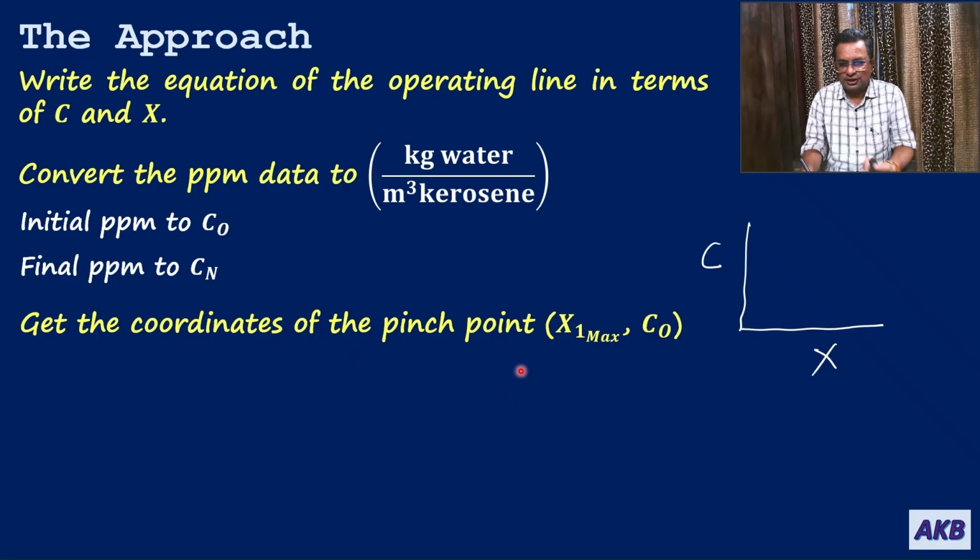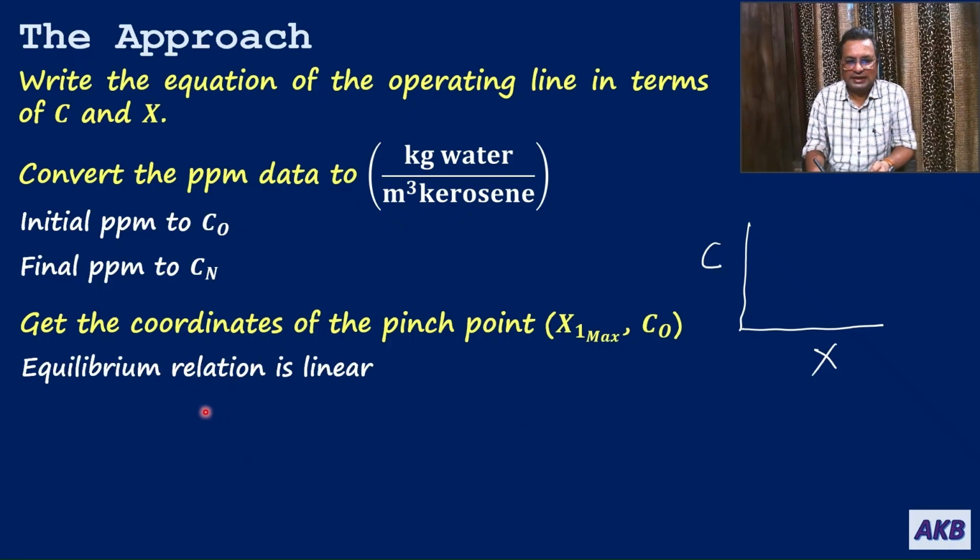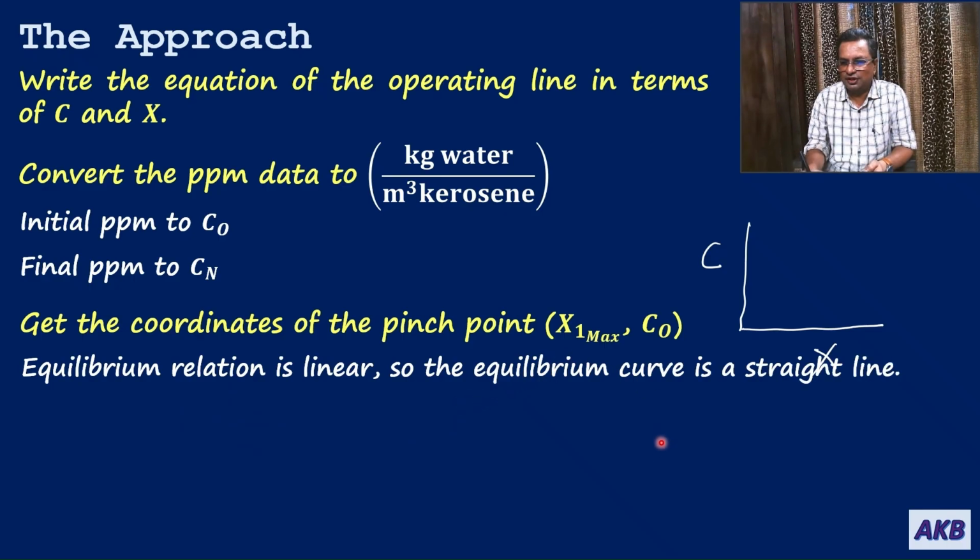Again, what is the pinch point, and what is the minimum adsorbent to solvent ratio? Please refer to my videos on these topics. As I said, the link to the entire playlist is available in the description section. So for that, what information is useful to us, let us understand.